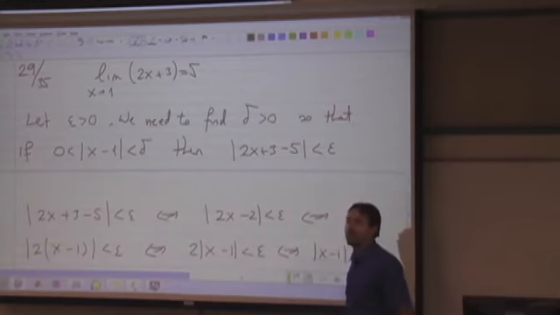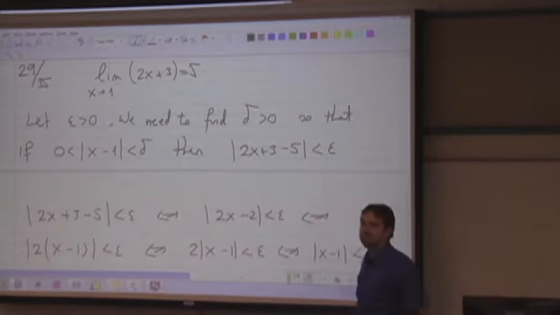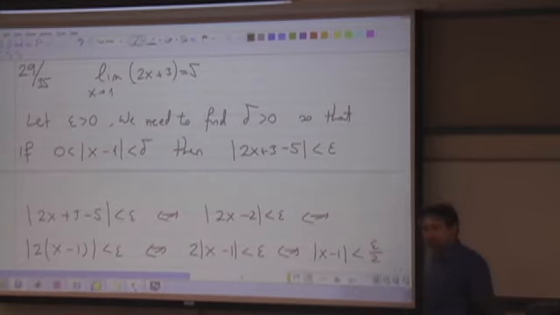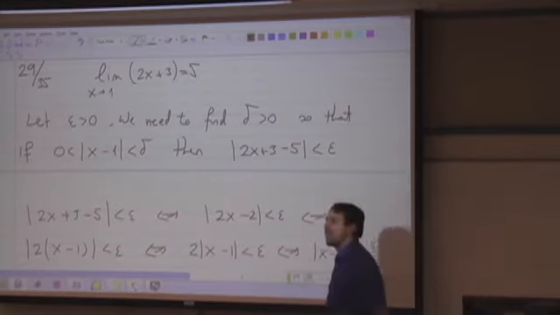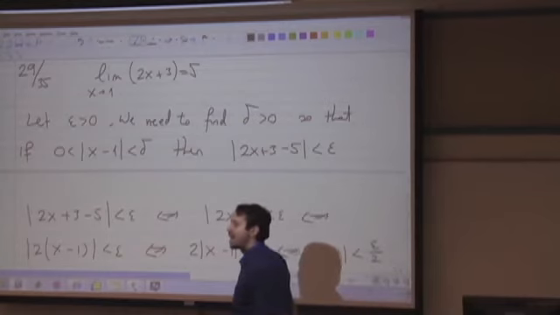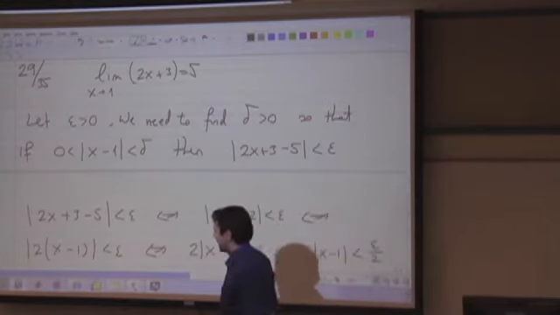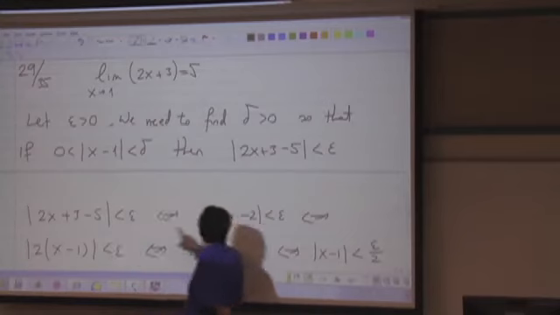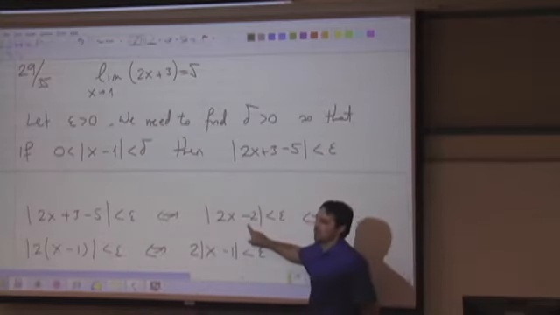So far so good? Yes? How did the x minus 1 get in there? I factor out a 2, so I'm left with x minus 1.